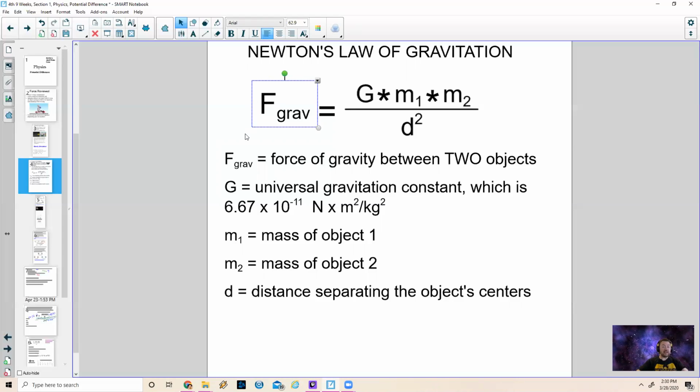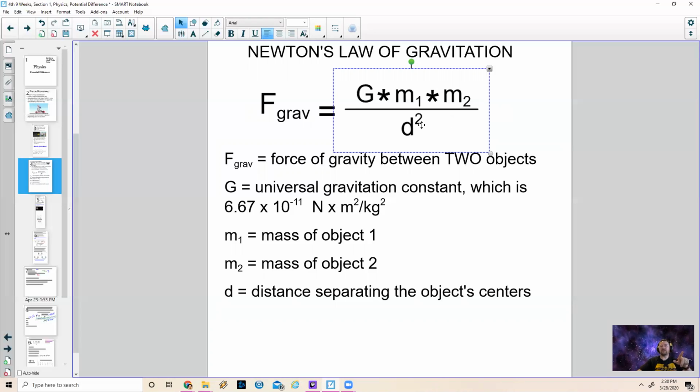The force went down, didn't it? And so we know that if I increase the masses, I'm probably going to increase the force between two objects. If I decrease the masses, I'm going to decrease the force between two objects.